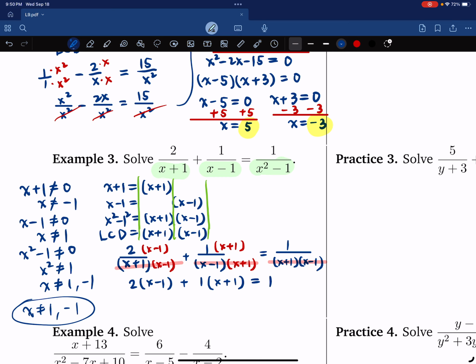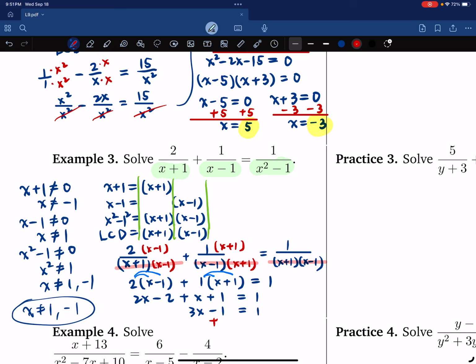And now we're going to distribute to get rid of the parentheses. This will give us 2x minus 2 plus x plus 1 equals 1. Combine like terms on the left-hand side. We have 3x and then negative 1 equals 1.